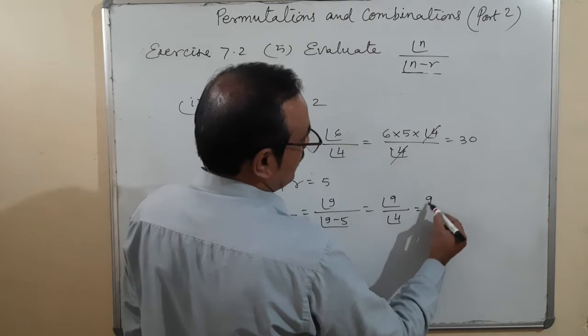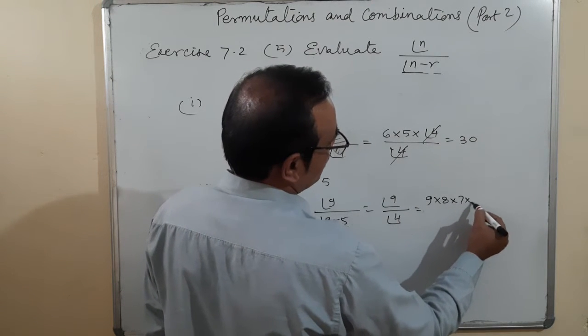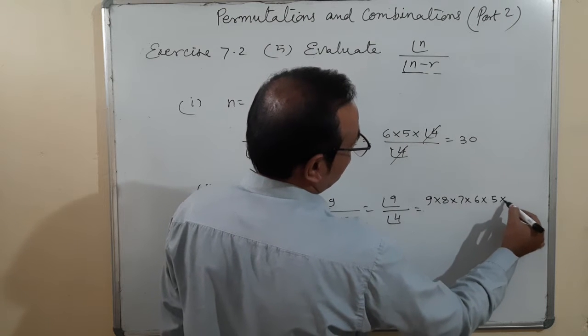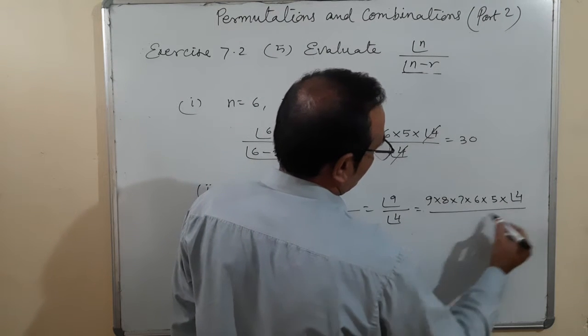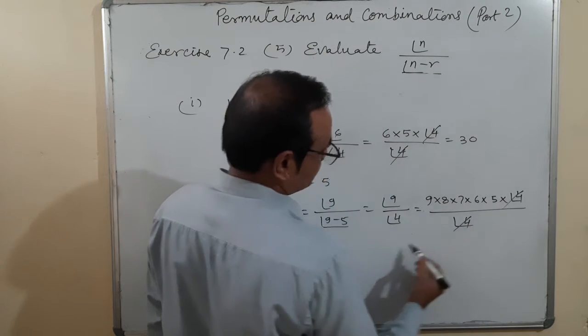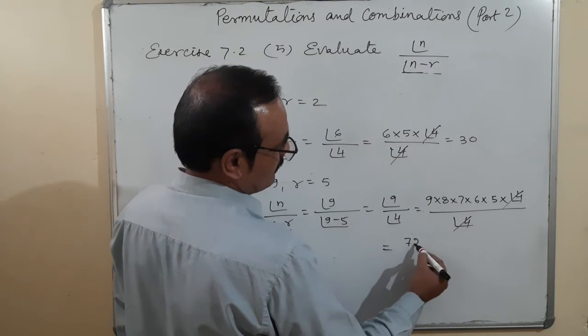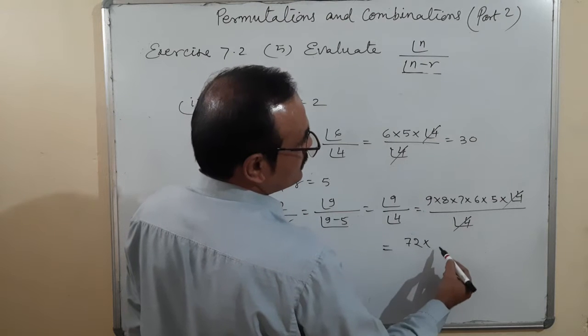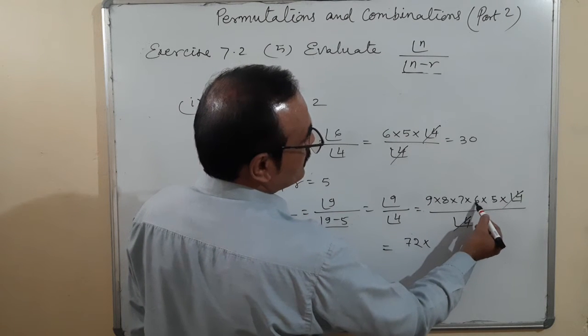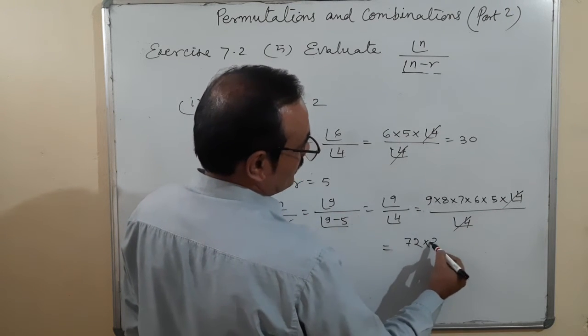It can be written 9 into 8 into 7 into 6 into 5 into factorial 4 upon factorial 4. Cancel. We'll multiply: 9 8s are 72 into 7 6s are 42, or 5 6s are 30, 210.